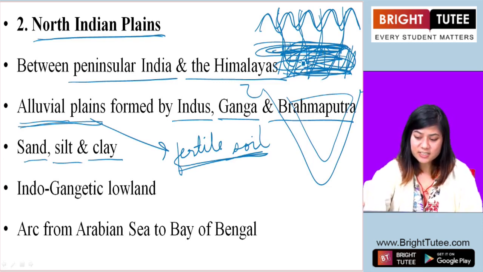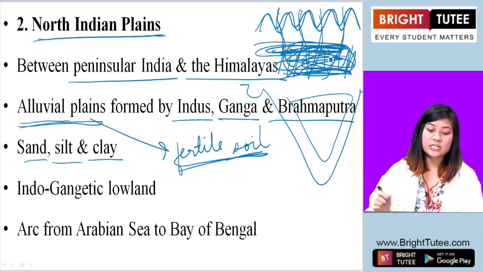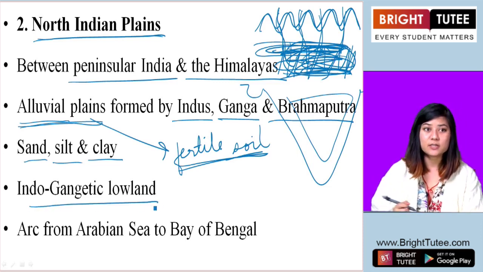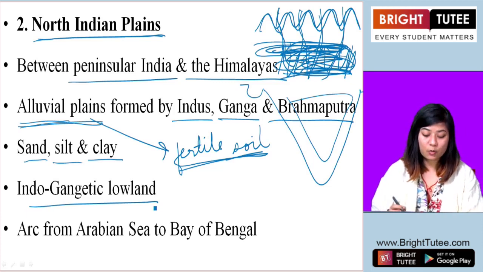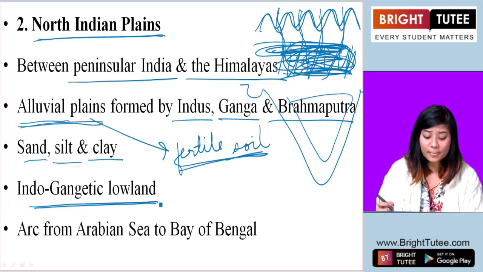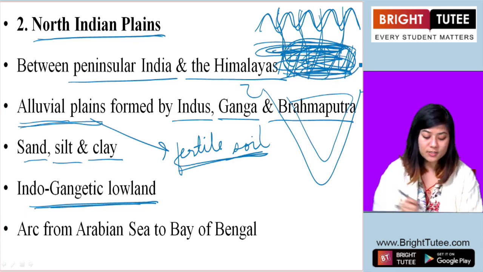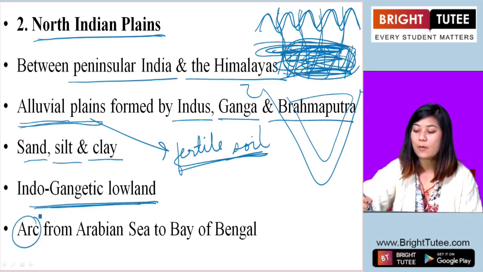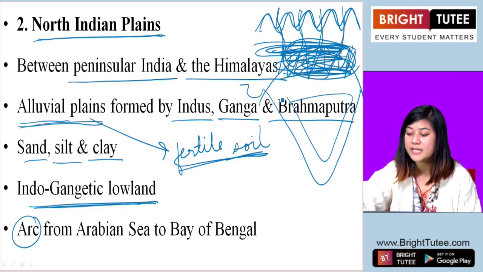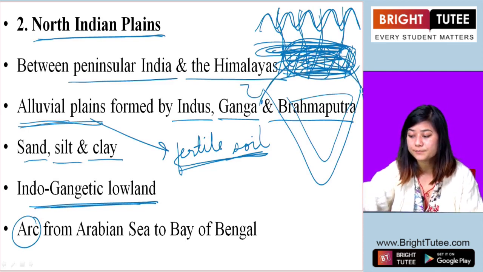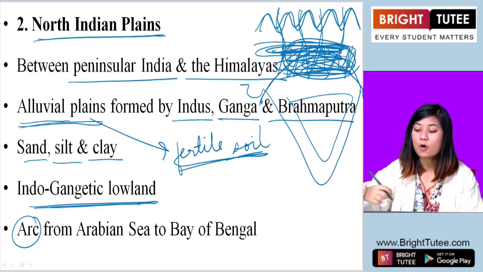Okay. Now this North Indian plains is also called the Indo-Gangetic lowland. Okay. And this lowland forms a sort of an arc. Now arc meaning a circular half moon kind of shape.